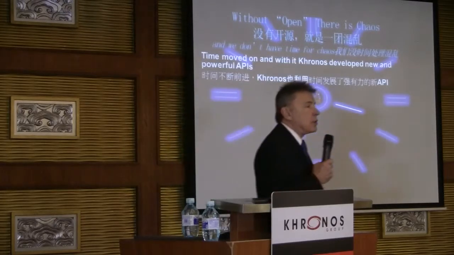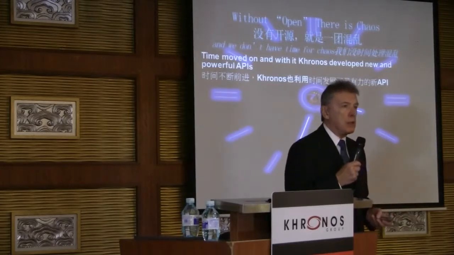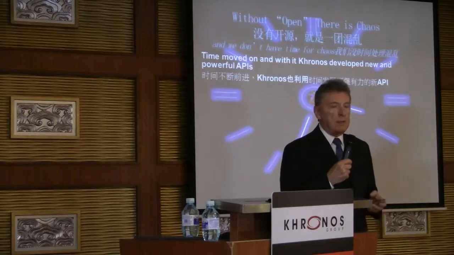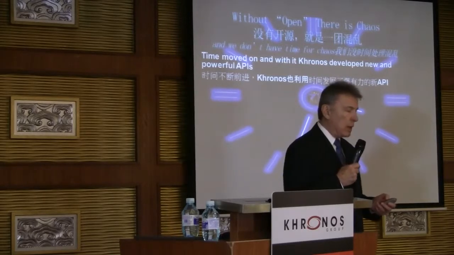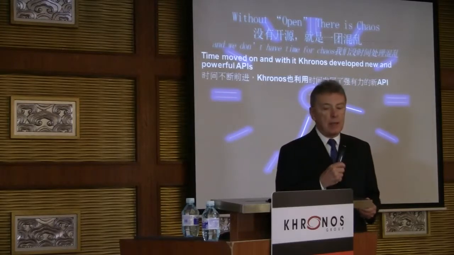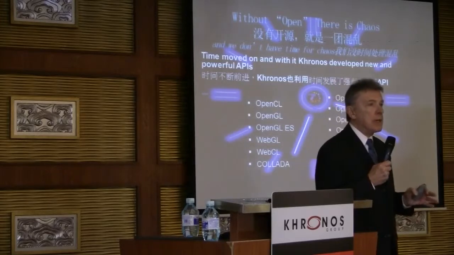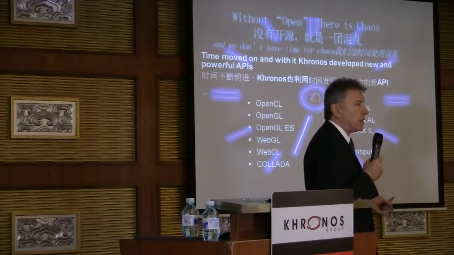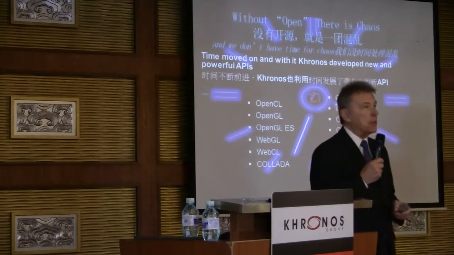Now the fact that OpenGL ES was successful and that the business plan of Khronos was acceptable is proven by the fact that Khronos has been asked to develop more APIs. And they've done that, and they've done 15 APIs now. Khronos didn't sit around in their offices and say, oh, we're not doing anything this afternoon, let's go build an API.